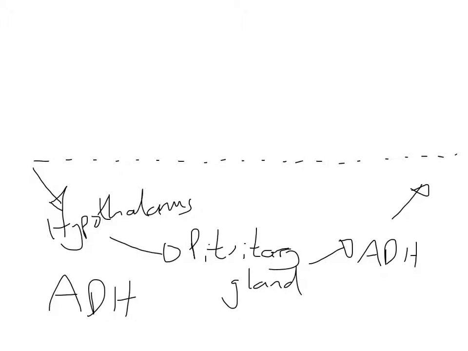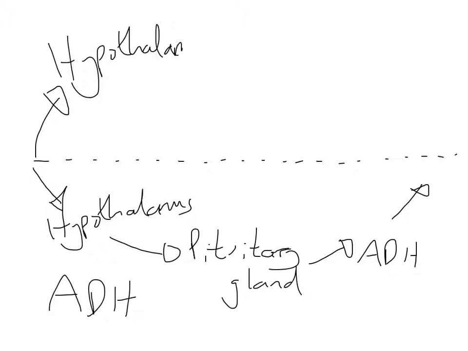Now, oppositely, if there is an increase in blood water content, the hypothalamus once again detects this. It sends impulses to the pituitary gland. Now, on this occasion, the pituitary gland releases less ADH.